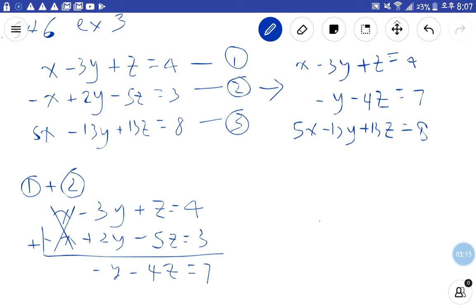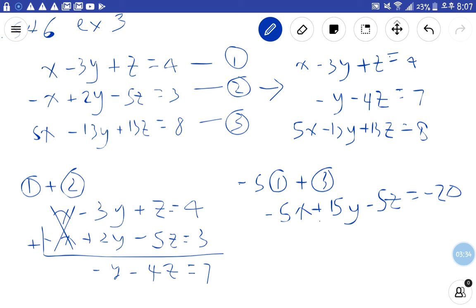I'm going to add negative 5 times 1 to the third one, so that it will give us negative 5x plus 15y minus 5z equals negative 20. And I have 5x minus 13y plus 13z equals 8.